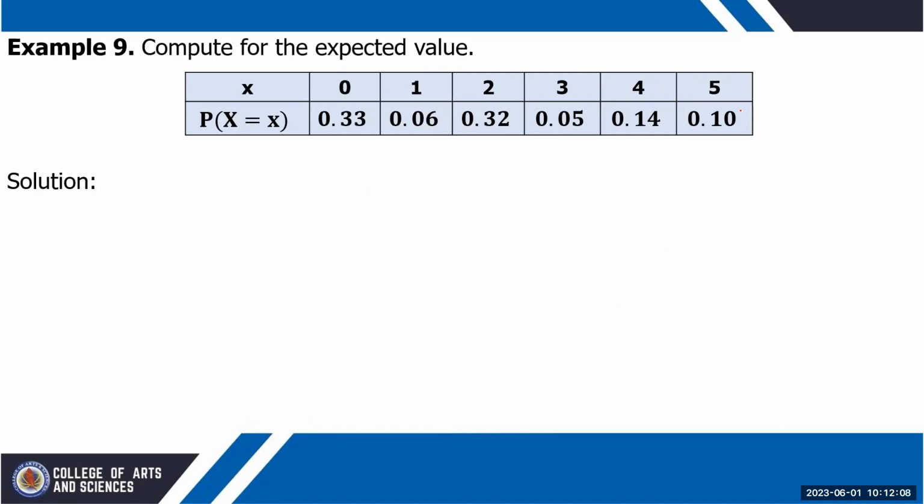Another one. When we talk about PMF, dapat daw lahat ng ito, pag pinag-plus natin, is equal to 1. Correct. Pero when we talk about expected value, ang gagawin natin is 0 times 0.30 plus 1 times 0.06 plus 2 times 0.30.